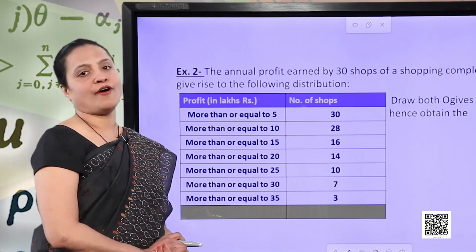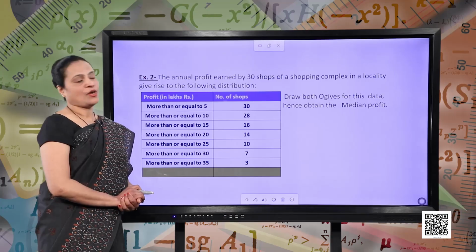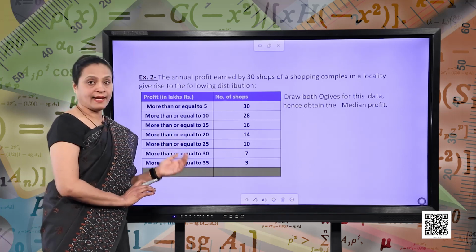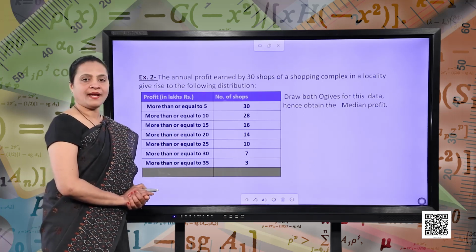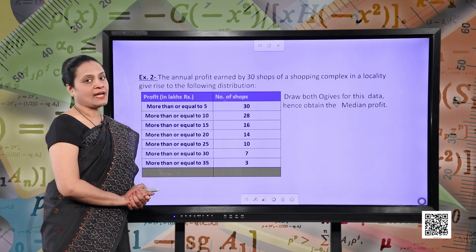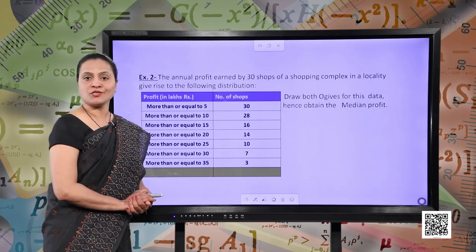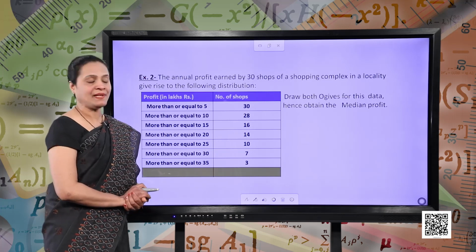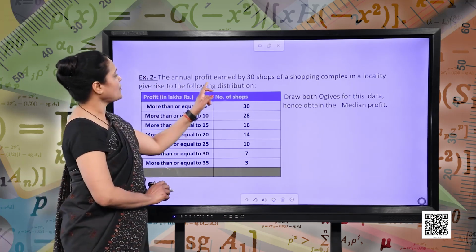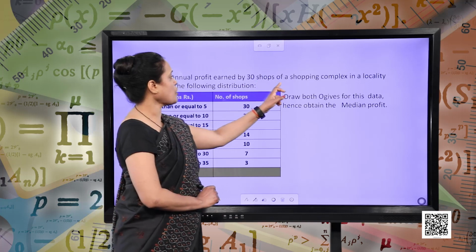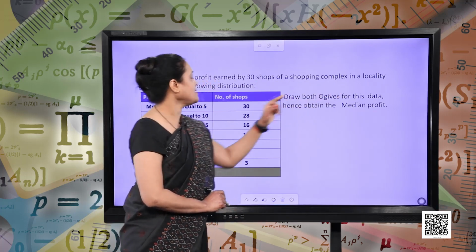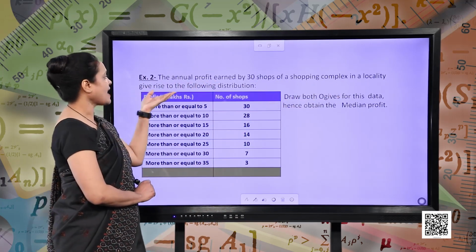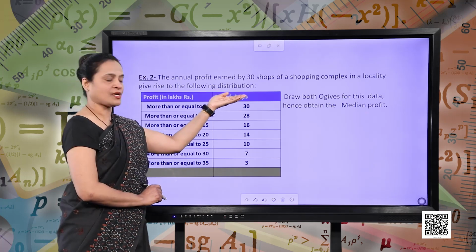Let us take one more example in which we are not given directly the class intervals, but instead more than type cumulative frequency distribution table is given to us. Our example says the annual profit earned by 30 shops of a shopping complex in a locality give rise to the following distribution.